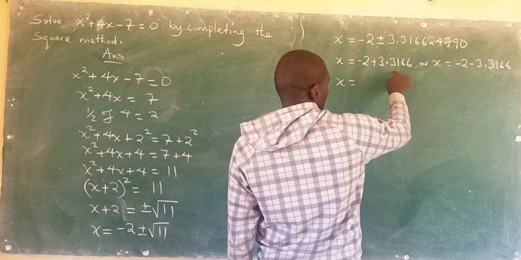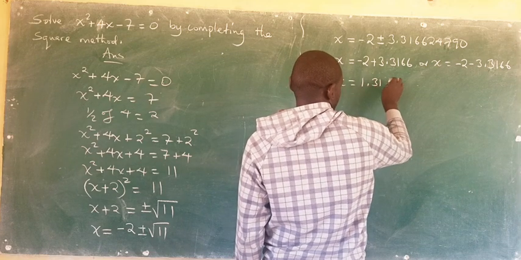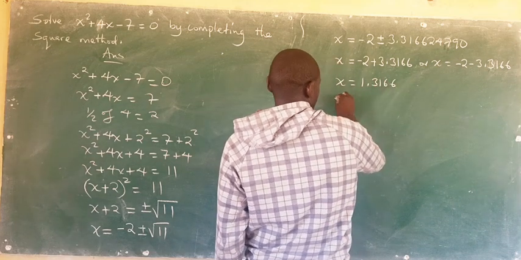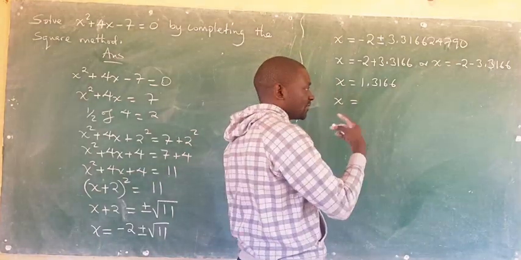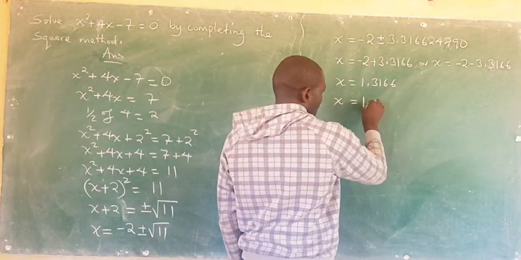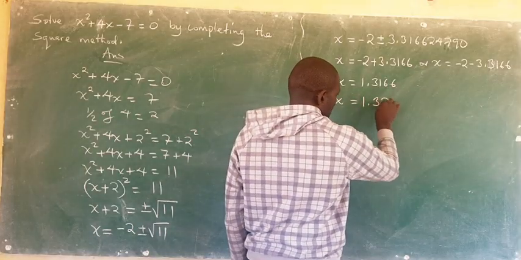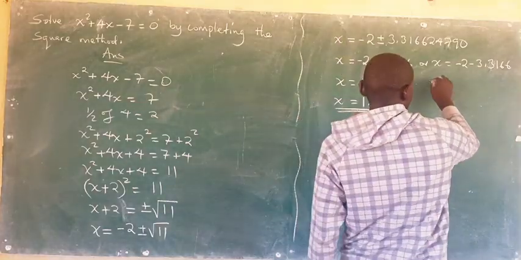If we add negative 2 there, we will get 1.3166. Roughly to 2 decimal places, as is the standard when you're answering this question according to ECZ standards, we'll say 1.32. That's one answer.